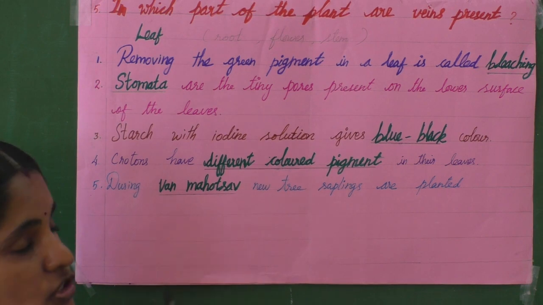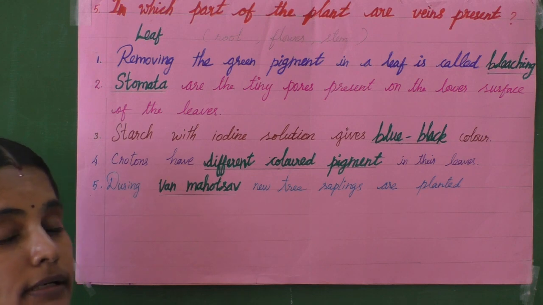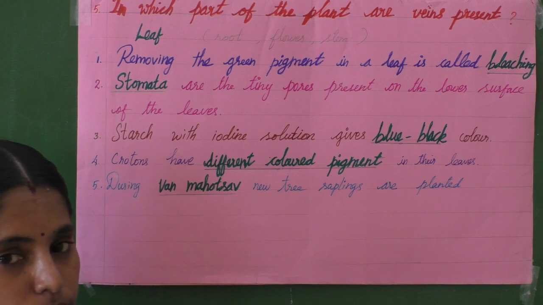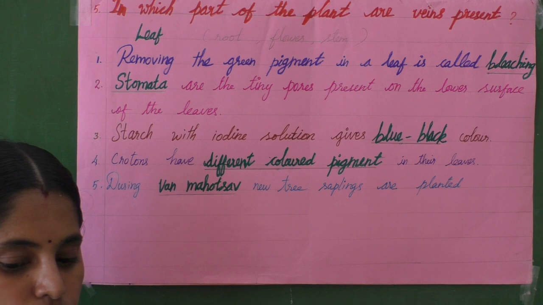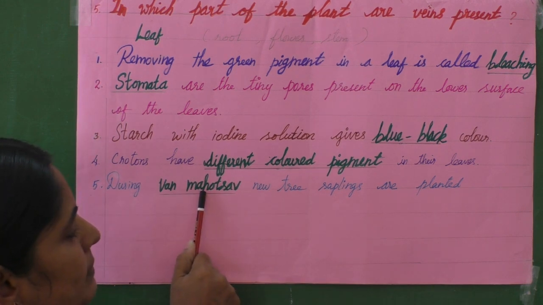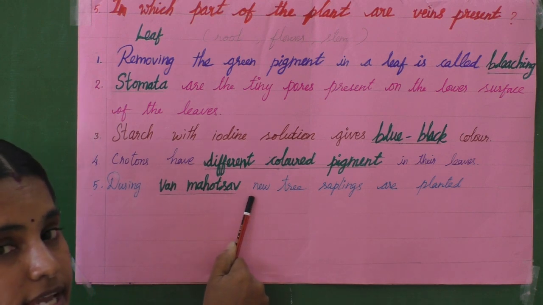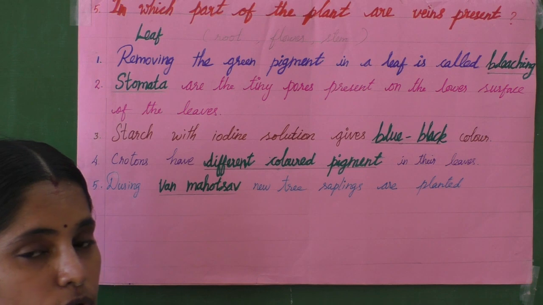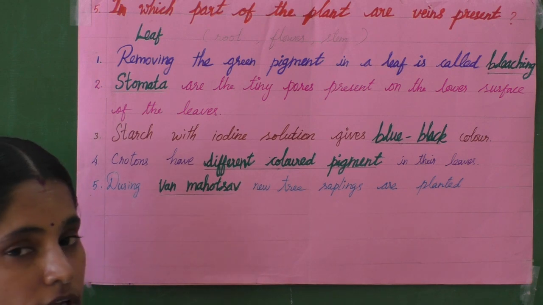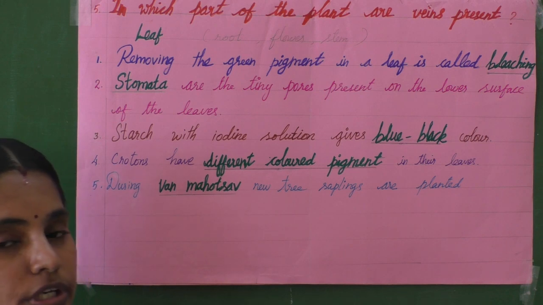Van Mahotsav is the name of a festival. We celebrate it to plant many saplings around. V-A-N-M-A-H-O-T-S-A-V, Van Mahotsav.